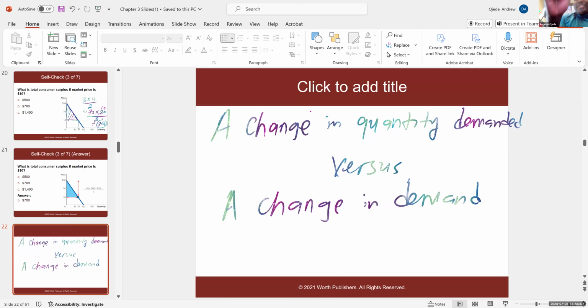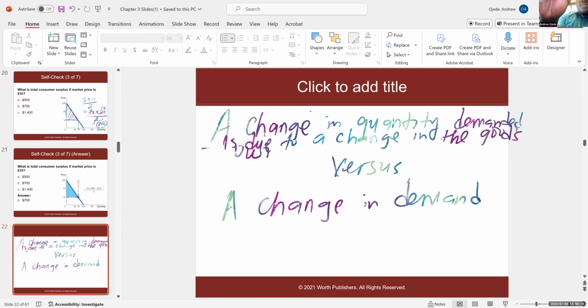The first one, a change in quantity demanded, is due to a change in the good's own price, and is represented by a movement along the same demand curve.